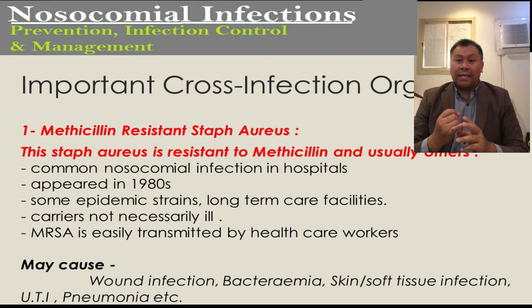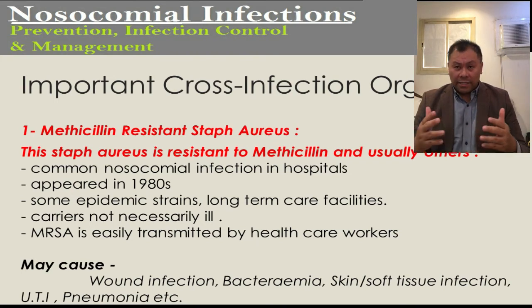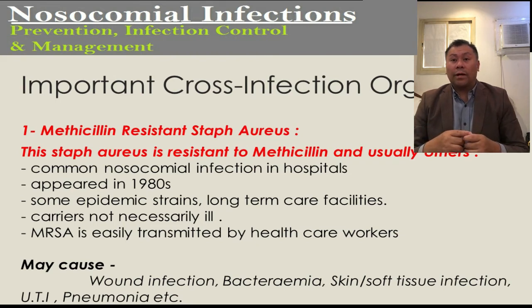This Staph aureus is resistant to methicillin and usually others. This is a common nosocomial infection in hospitals. It appeared in the 1980s, with some epidemic strains in long-term care facilities. The carriers here are not necessarily ill, but it is easily transmitted by healthcare workers.